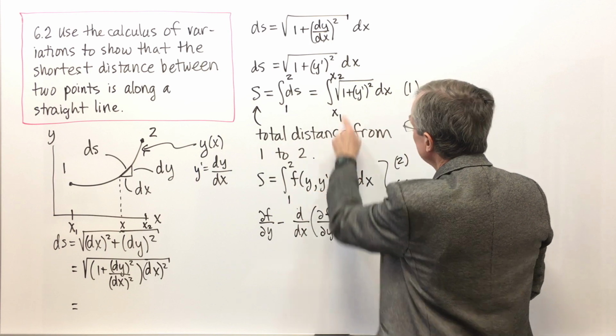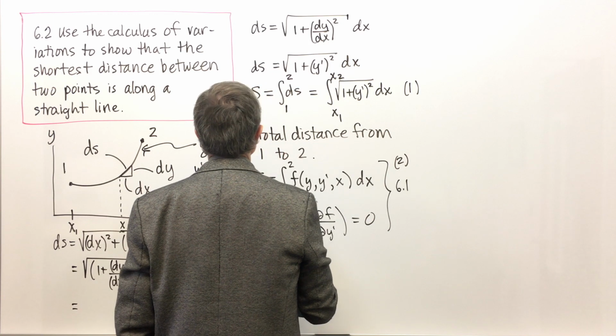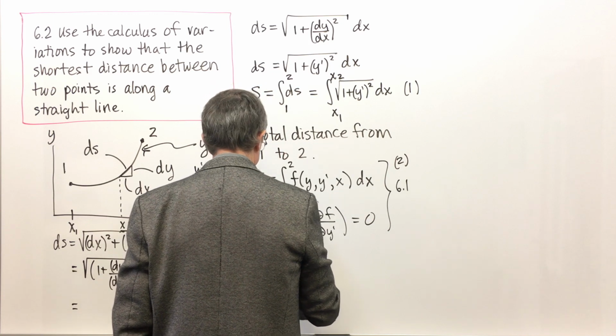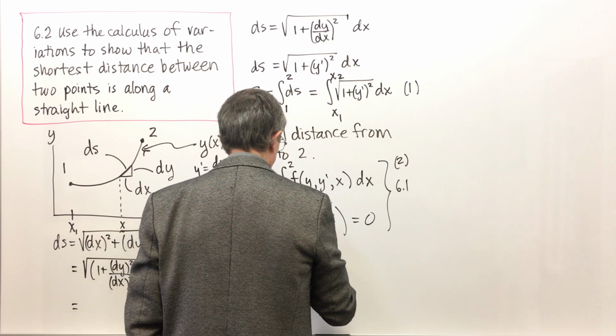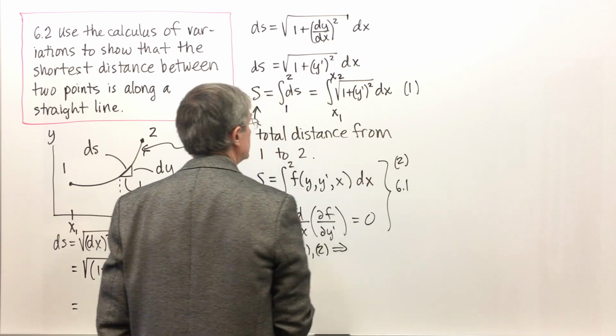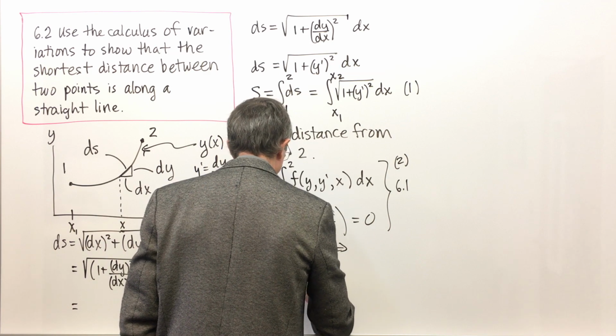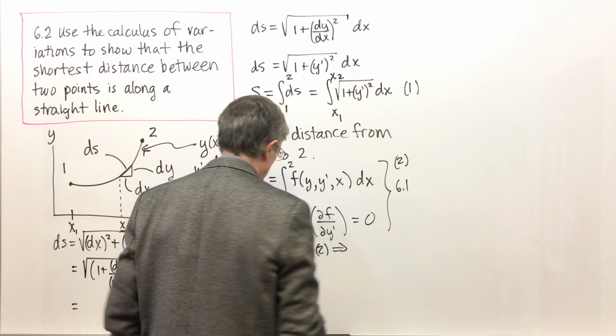So f must be this square root right here. So comparing 1 and 2 implies that f is the square root of 1 plus y prime squared.